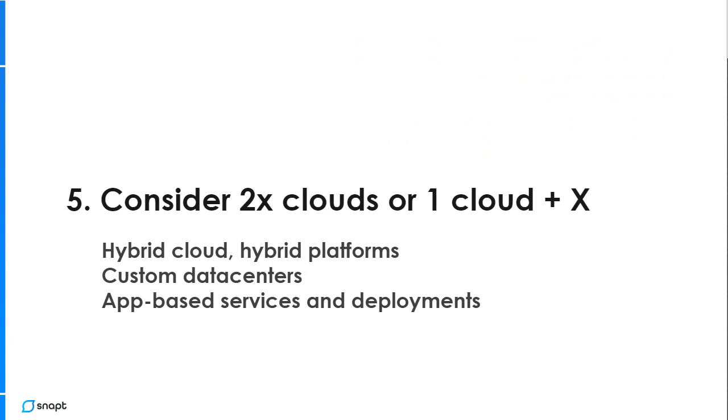The final point on this, on my main tips for choosing cloud providers, is consider two times clouds or one cloud plus X, right? What I mean by this is, do you want to run your workload in 2 different hard clouds, public clouds, right? What you think of when you think GCP, Azure, AWS, Linode, DigitalOcean, etc. Or one cloud plus X, hybrid environments.